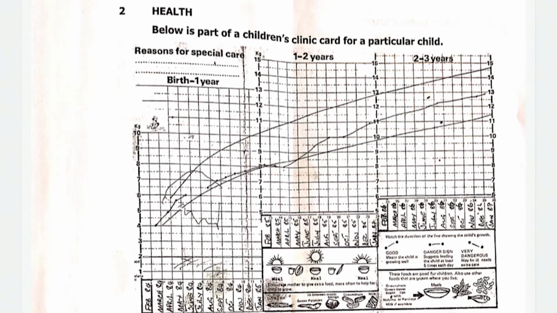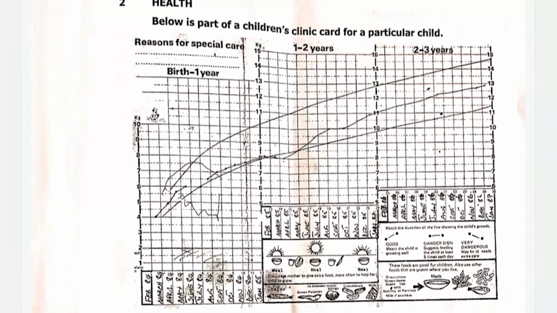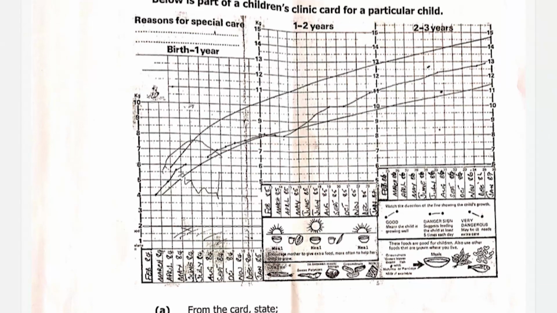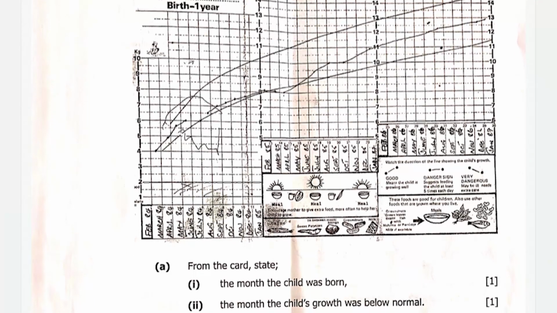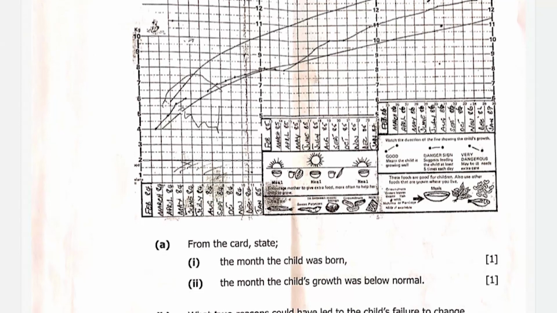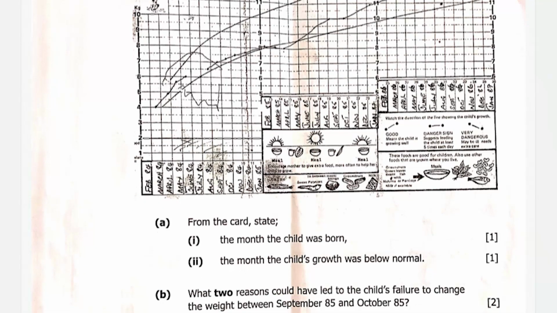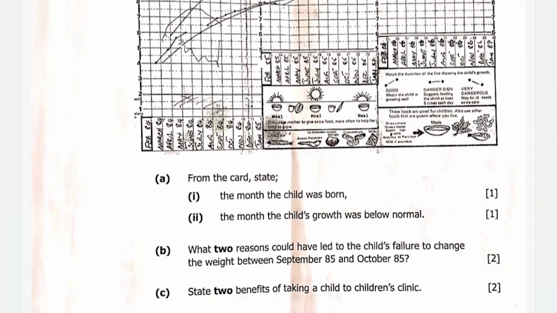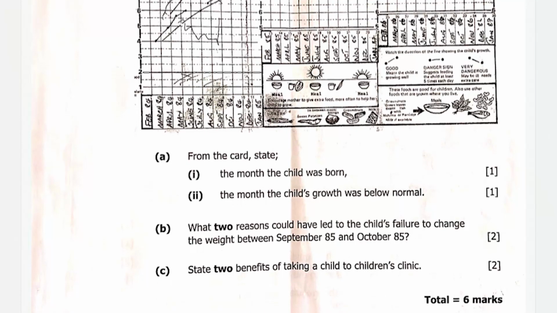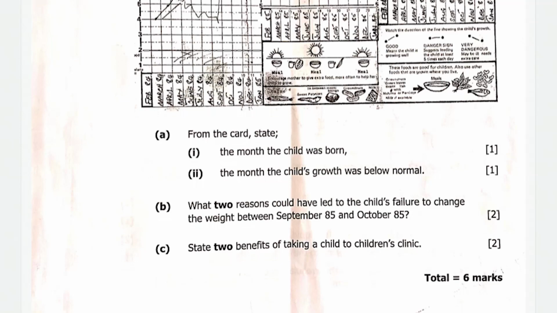According to this card that we have here and the dots that we have, the information here is showing us that this child was born in February 84. February 1984. Then the following month, that's when he was taken for checking for this normal child's clinic.